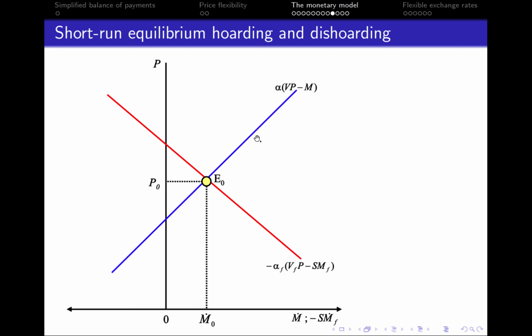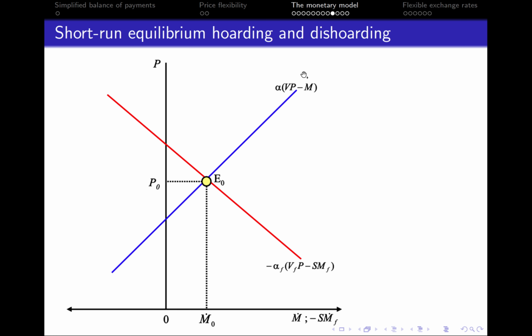And look, it makes perfect sense. The higher the price level, the less people want to spend. And we see that this expression is getting simply bigger and bigger and bigger. So this is why we get this positive relationship.